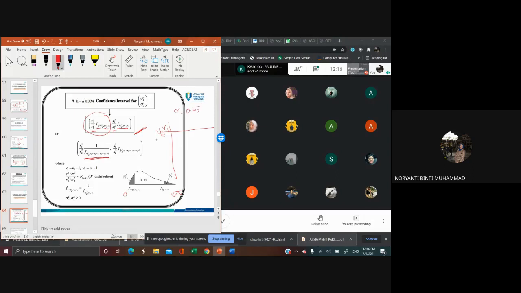You need to find first what your alpha is from the statistical table. In order to read the table, the one that comes first here is your nu 1. For example, here they mention nu 2, but this one comes first, isn't it?